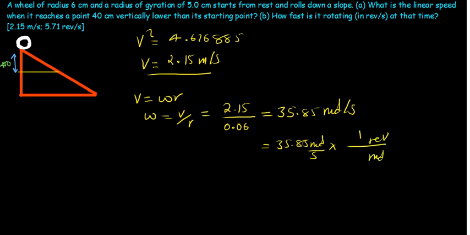I know that in one revolution we have got 2 pi radians, so the radians and the radians will cancel out. So 35.85 divided by 2 pi, so that is giving me 5.7057, which we can as well write as 5.71 revolutions per second.